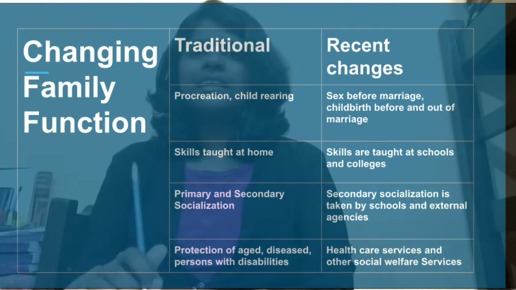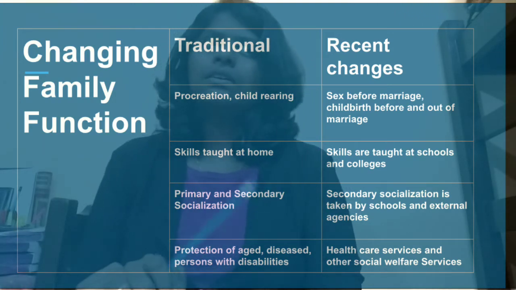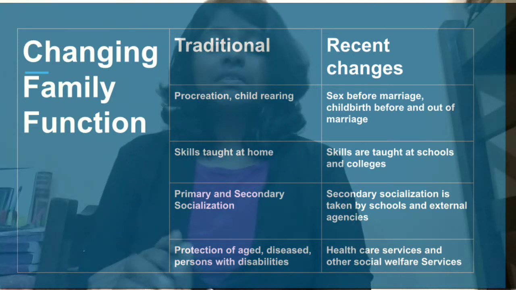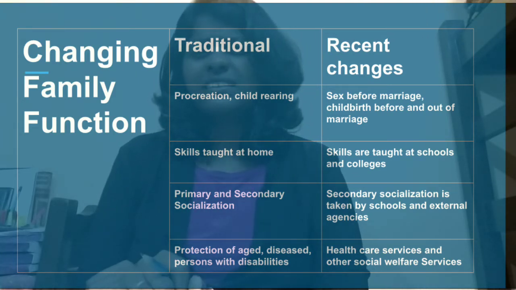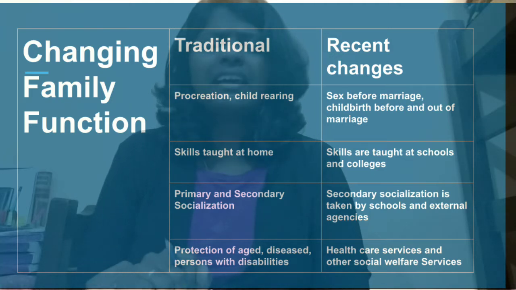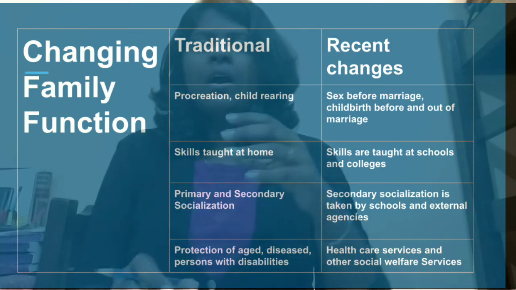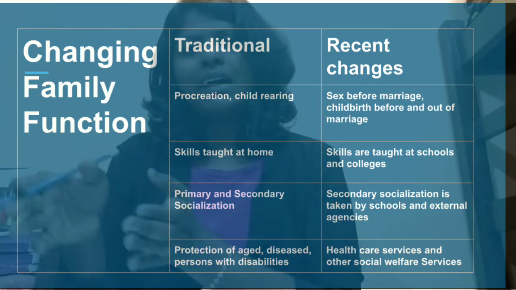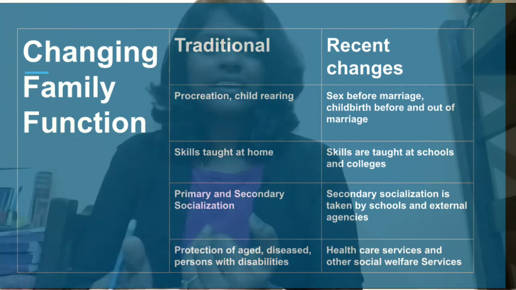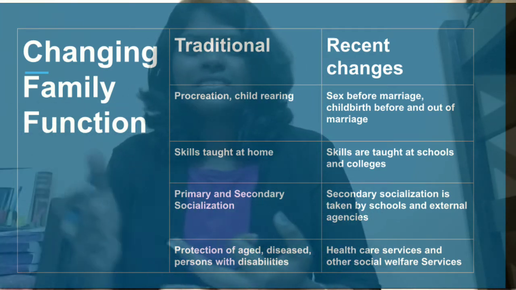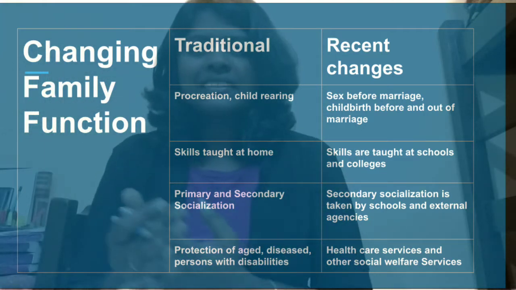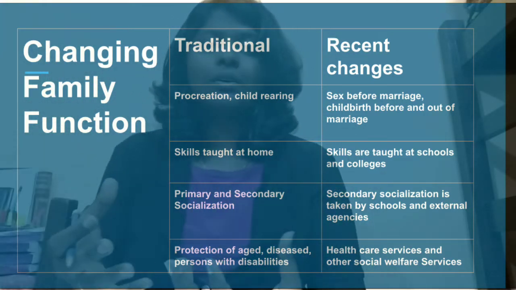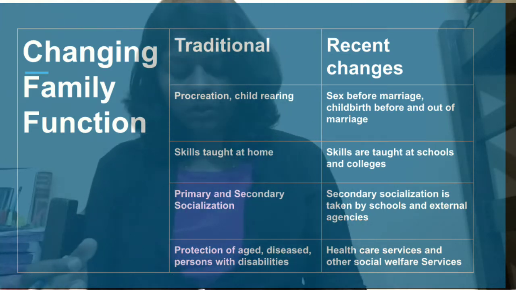One more function is the protection of old age people, aged people, and even special children who are in special need and care, and persons with disability. All these things the family took care of. But now you have external agencies like healthcare agencies, clinical agencies, or social welfare agencies, which have taken the role of family in protection also.